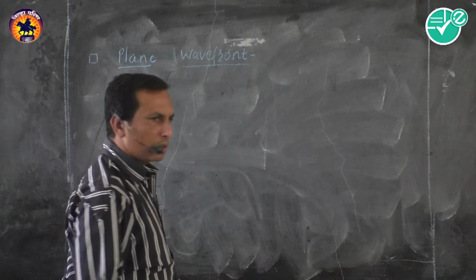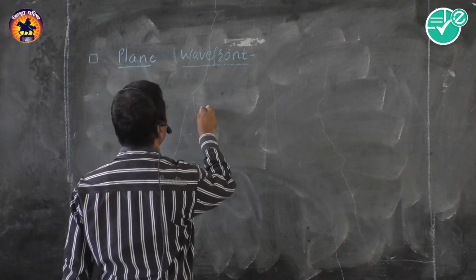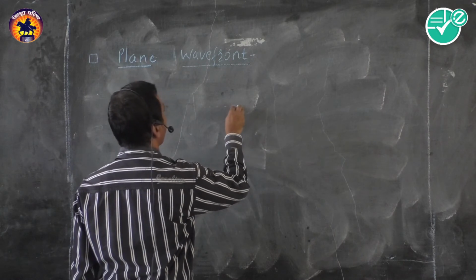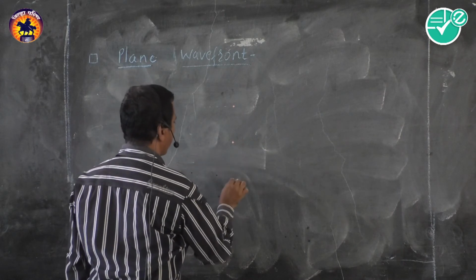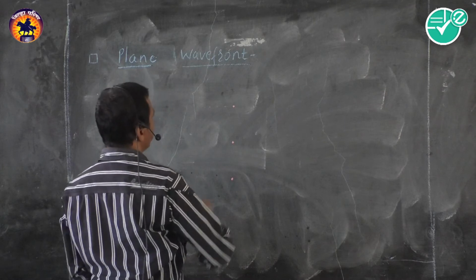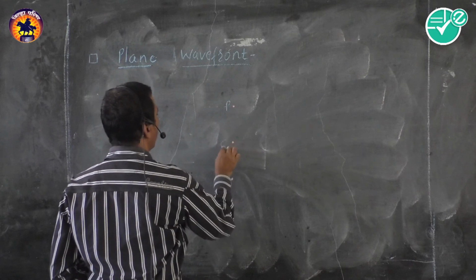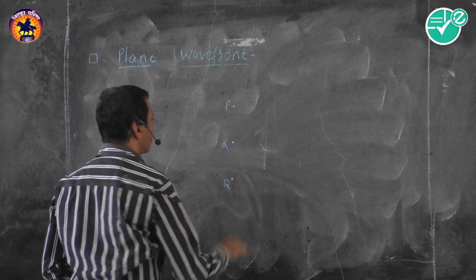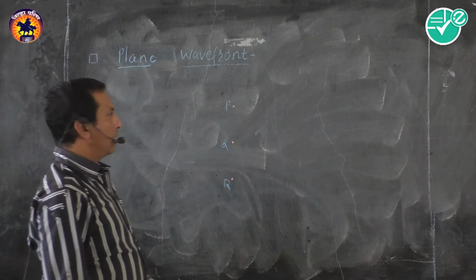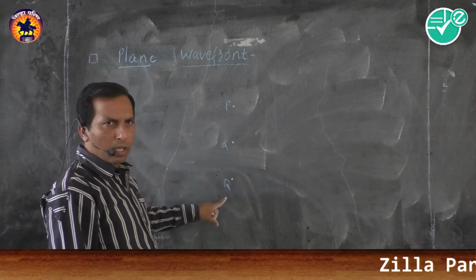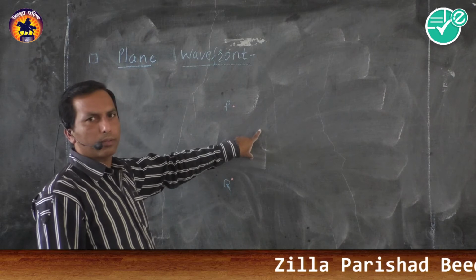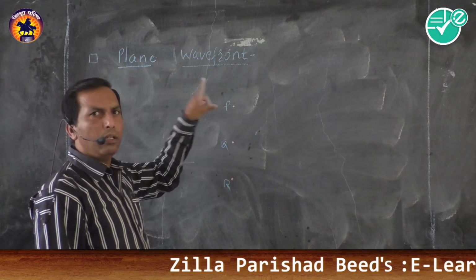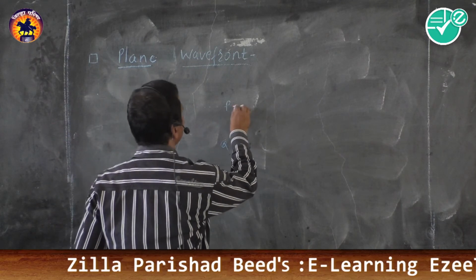Let us draw this. Suppose P, Q and R are the points on the primary wavefront, which emit light in the forward direction.